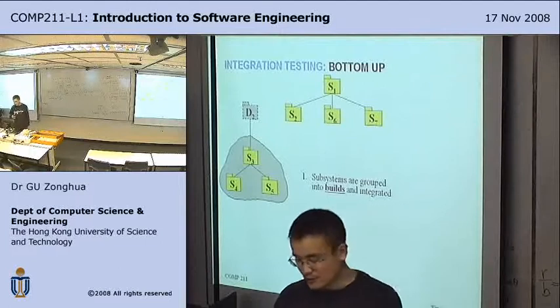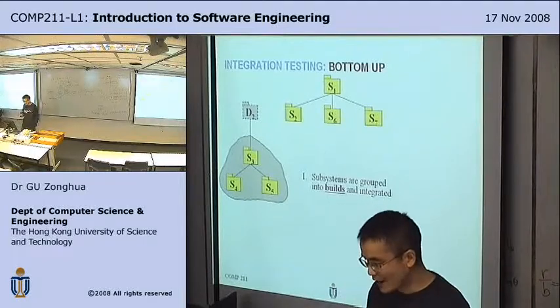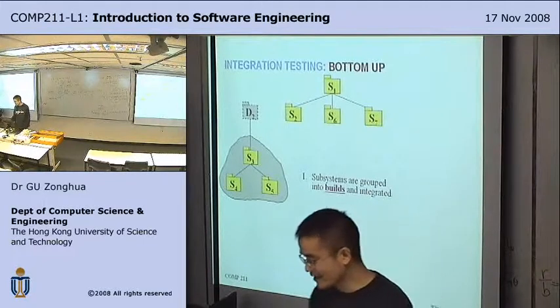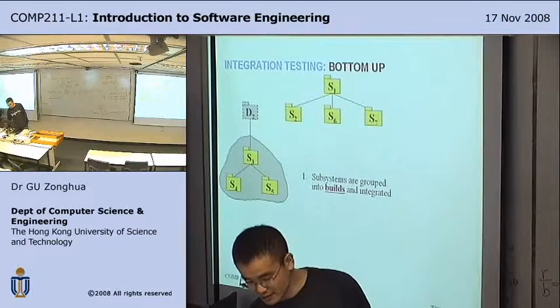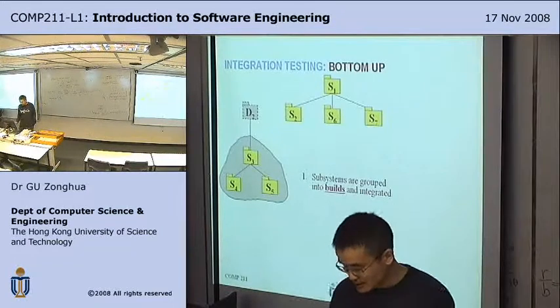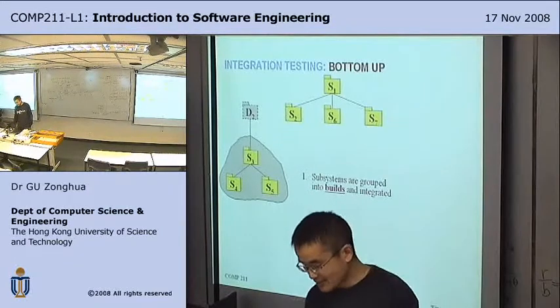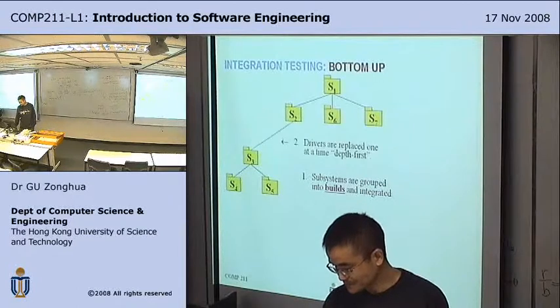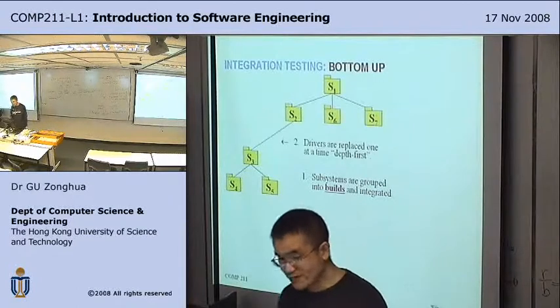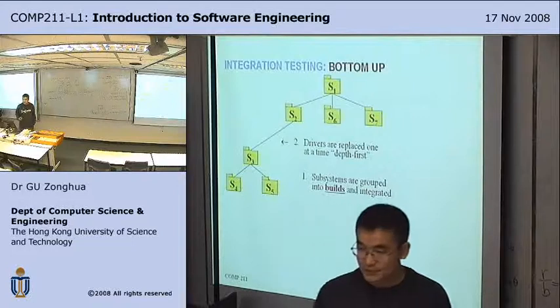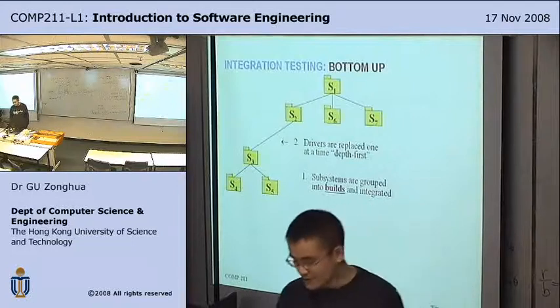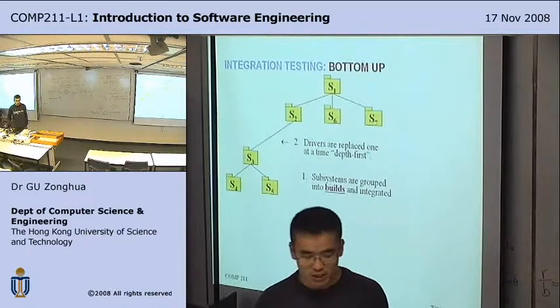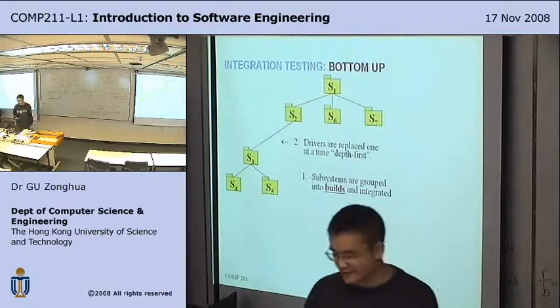While the earlier top layers haven't been developed, so you need to write a driver for it as the main that invokes the subsystem, and you replace the drivers one at a time in a depth-first manner. So until you get to the very top, that is the graphical user interface.